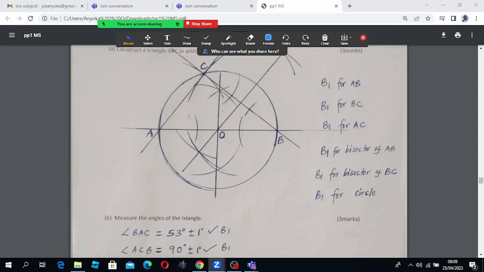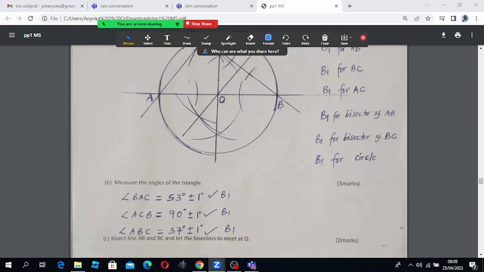We measure angle BAC. According to my measurement, it is 53. You measure angle ACB. ACB is 90. But for those who had maybe 89 and 91 would score. Angle ABC, 37.